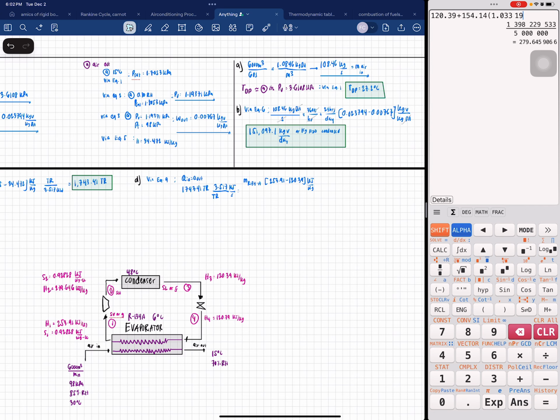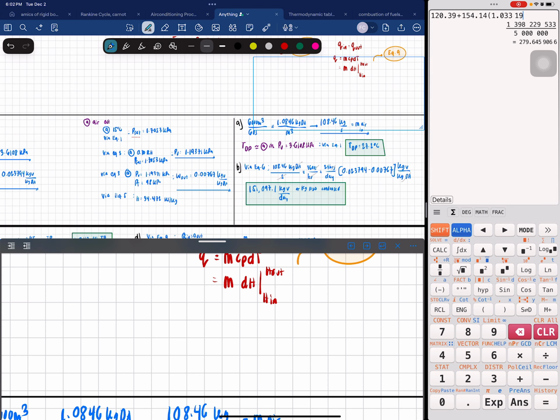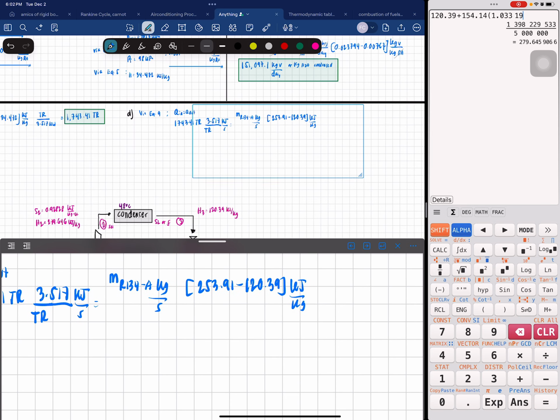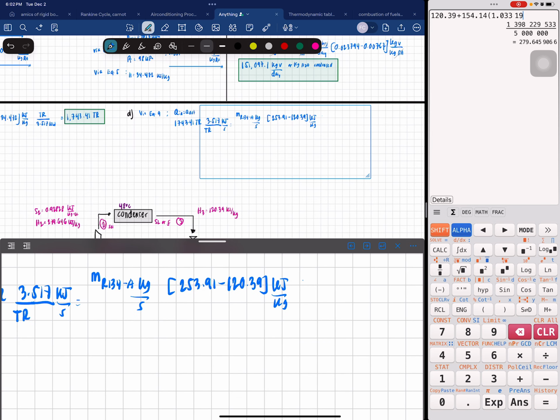Now notice that the unit will be in what? The unit will be in what? Kilograms per second. Okay, so mass of R134A is what?